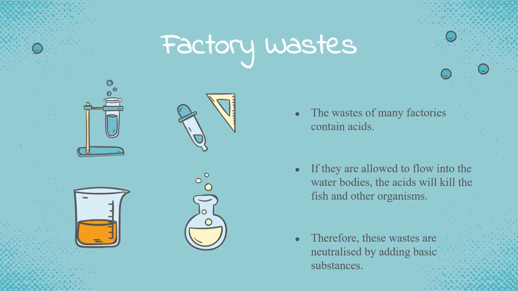So we can neutralize this by adding basic substances into the water along with the acidic waste, which will neutralize each other and not make it that harmful. It won't kill off the fishes and other organisms. Because of which factories put basic substances along with their acidic waste into the water. Right? That's it.